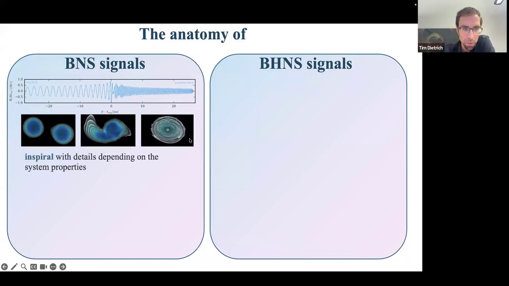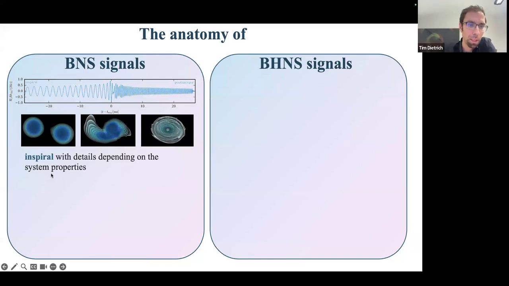So in the binary neutron star case, we start early on in the evolution, so we have a very, very long in-spiral. And one issue with numerical relativity simulations is that we can cover only the last, at most maybe 20 or 30 orbits before the merger, so some last few cycles, then the merger itself, and then the post-merger phase. In the in-spiral itself, we can think about it very similar to the black hole case.